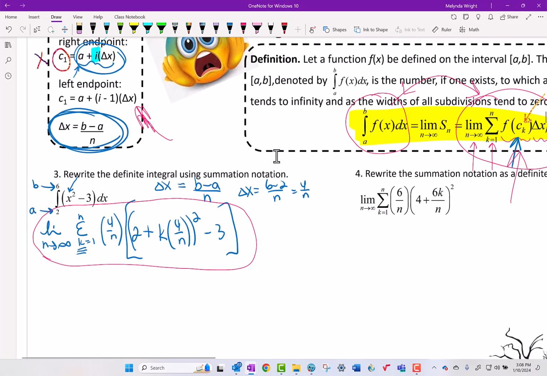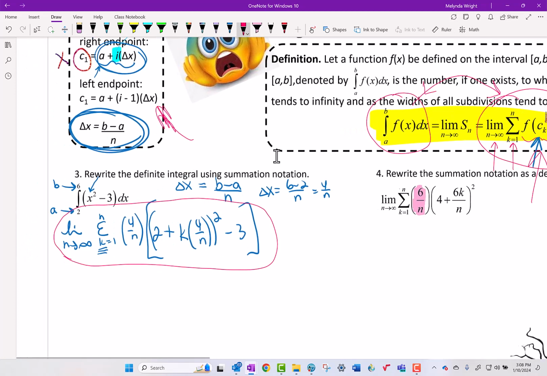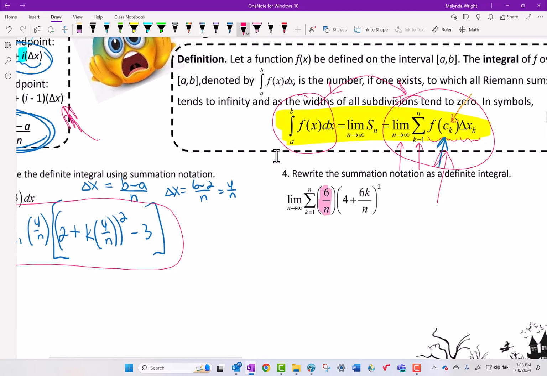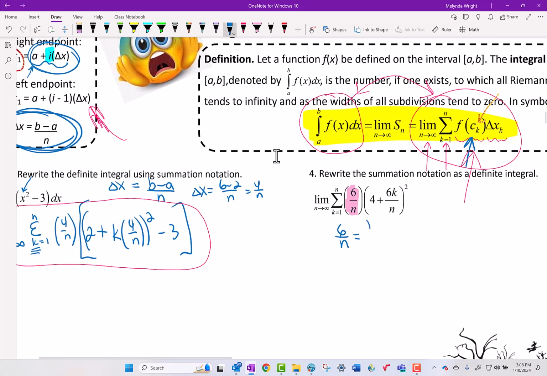So what is this part right here? This is delta X, right? So delta X, so I have 6 over n equals, and delta x was, what was it? B minus a over n. That's delta x.